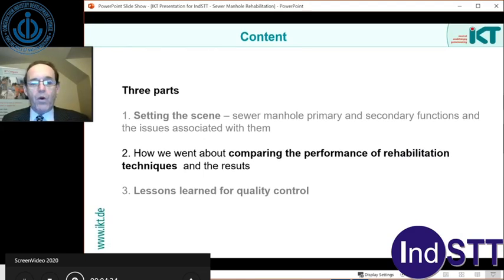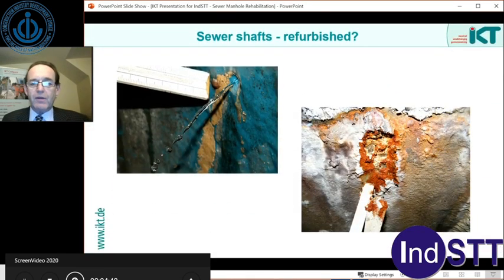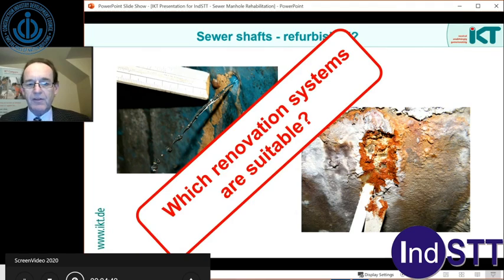So what did we do about comparing the performance of rehab techniques? Well, the sewer network owners had started to realize that although they had these techniques available, various linings, they weren't always functioning properly. So they wanted to know which ones are suitable, what they have to look for.